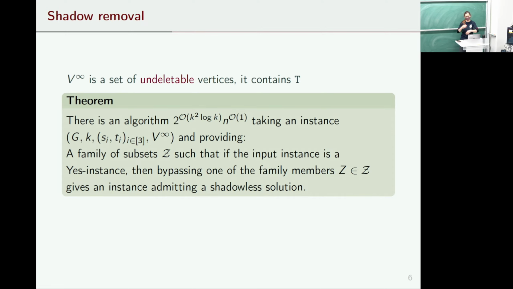Actually, when doing the algorithm and applying things, this set grows a little bit, and we use this for other things as well. But for now, let's just assume it contains the set of terminals. And now I identify a family of subsets such that if I have an input and it's a yes instance, I can find one of these subsets, and by bypassing a subset, and I will explain what that means.